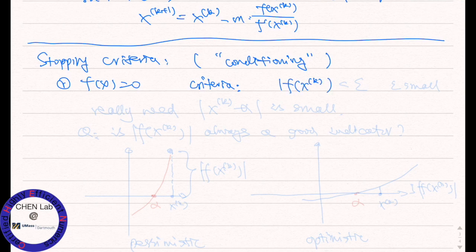Every time you have an iterate x k, I plug that into my f, because I need to solve for the solution f of alpha is 0. So this should be small, less than epsilon. Epsilon is a small number. Whatever you want, maybe you want 6 digits, then set epsilon to be 10 to the negative 6. It depends on your application.